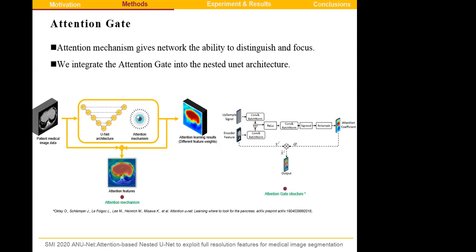The attention gate performs well in selection and can enhance the learning of the target area related to the task. Meanwhile, it can also suppress the areas that have no relationship with the task. Therefore, we want to integrate the attention gate into our UNet architecture to improve the efficiency of propagating semantic information.